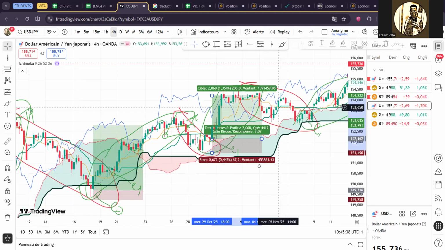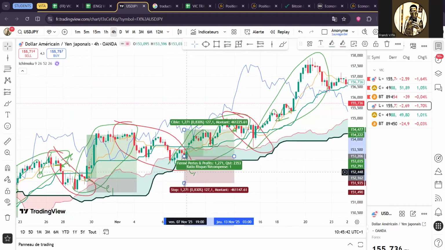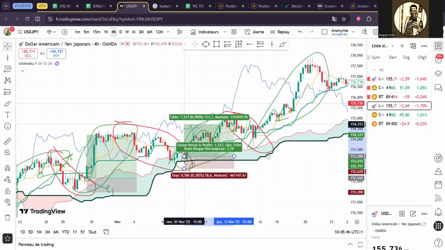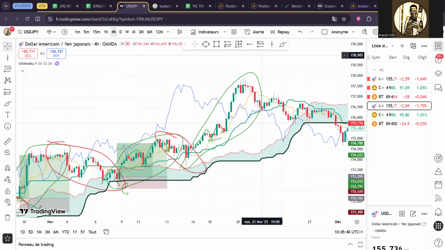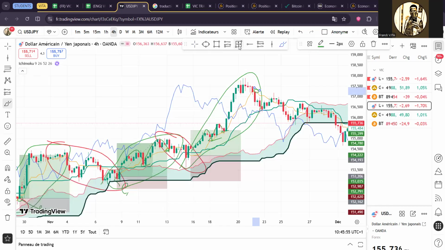Tenkan bending down like this. Tenkan bend down here. As soon as Tenkan bend down, it is your take profit.